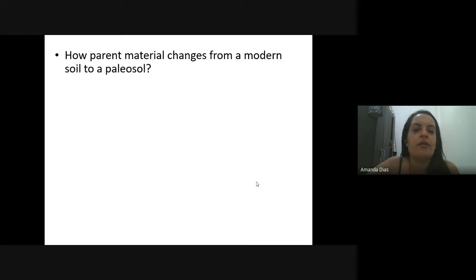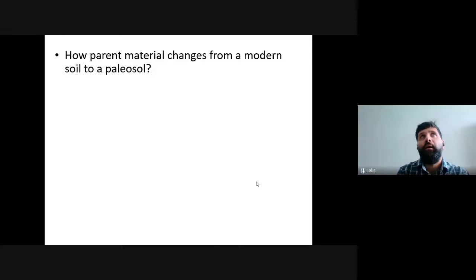Teacher, can the relief be important to cause these changes? So relief could change the parent material.